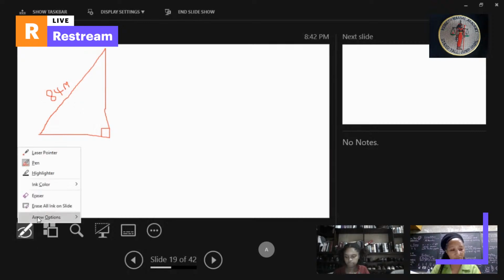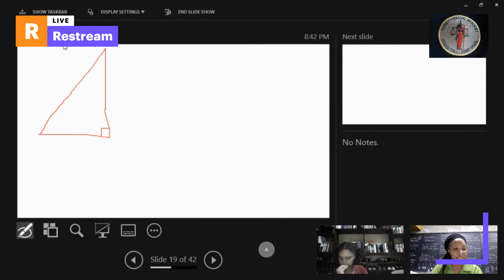Let me just use one of the regular triangles, the easier ones. So let's just use the 10, 8, 6, right? Or no, miss, let's use this one. I'll give John the 10, 8, 6. It's easier than this one.